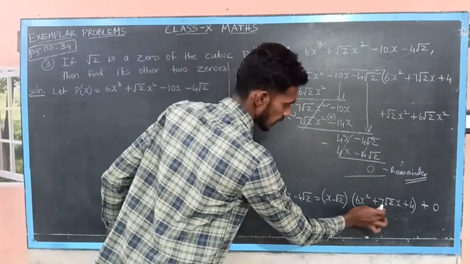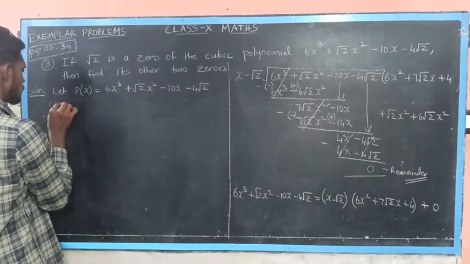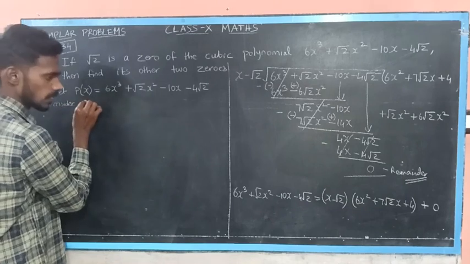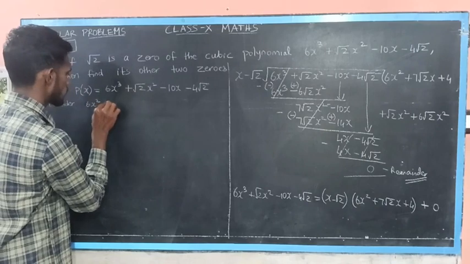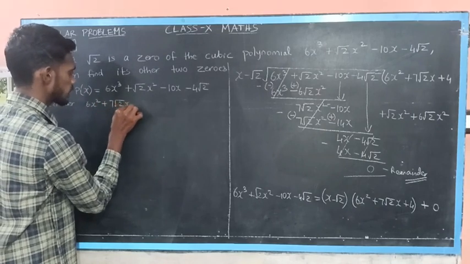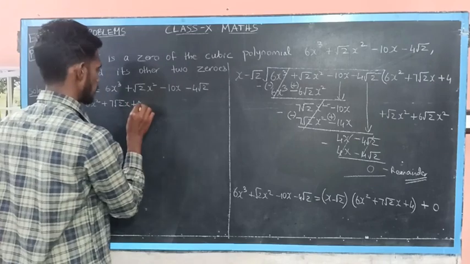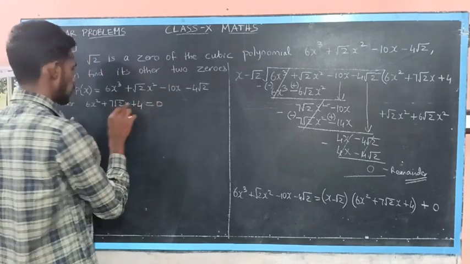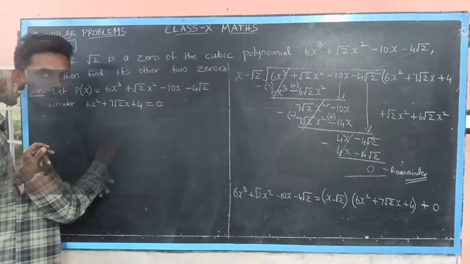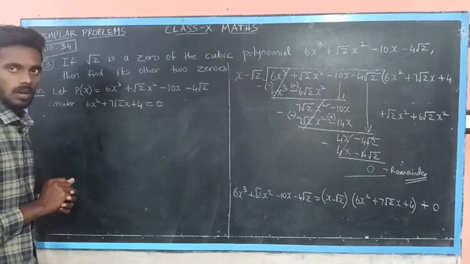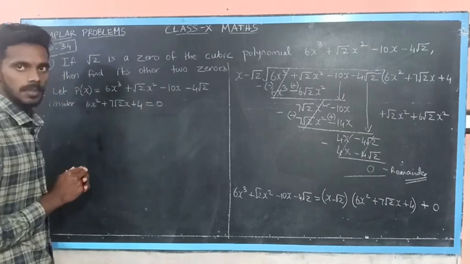Now let us consider the quadratic polynomial we have got, that is, 6x square plus 7 root 2 x plus 4. Okay. Let the value of the polynomial be 0 for finding the zeros of the polynomial. So this is the quadratic equation we have got. We are going to find the zeros of this equation by using the splitting the middle term method.